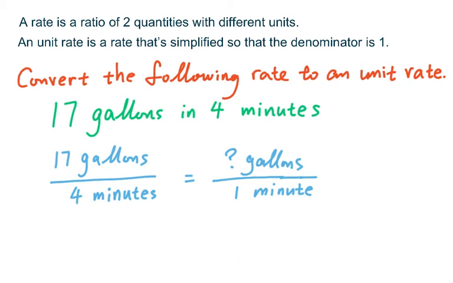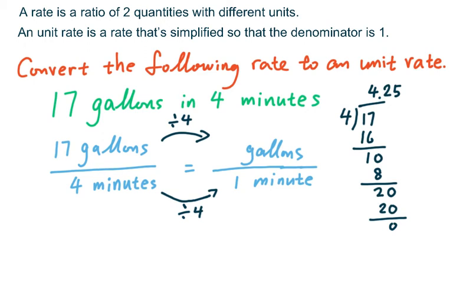So you want to observe the bottom first. You see that to get from 4 to 1, you want to divide it by 4, because 4 divided by 4 is 1. So we are going to do the same for the top. And we are going to find out what is 17 divided by 4.